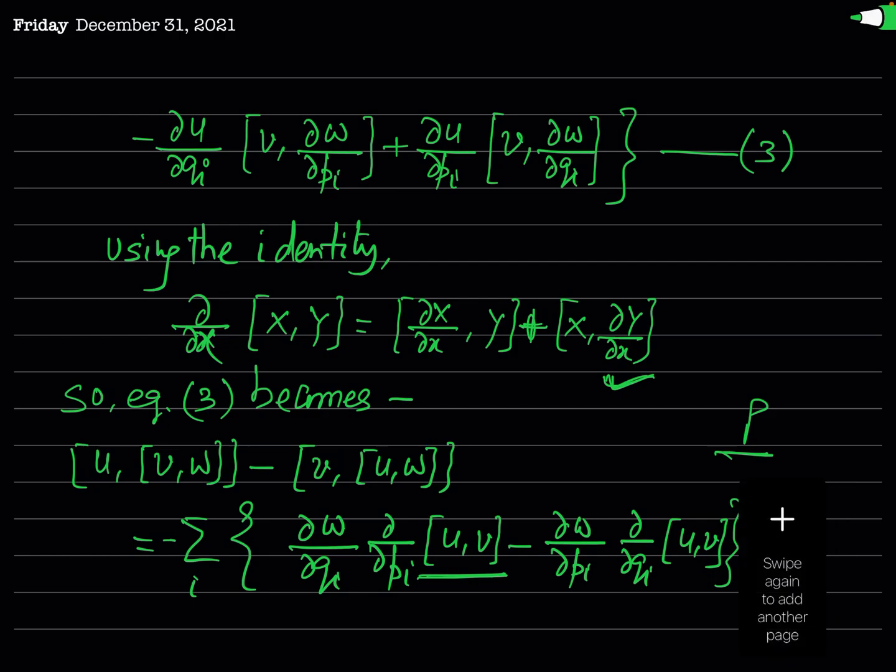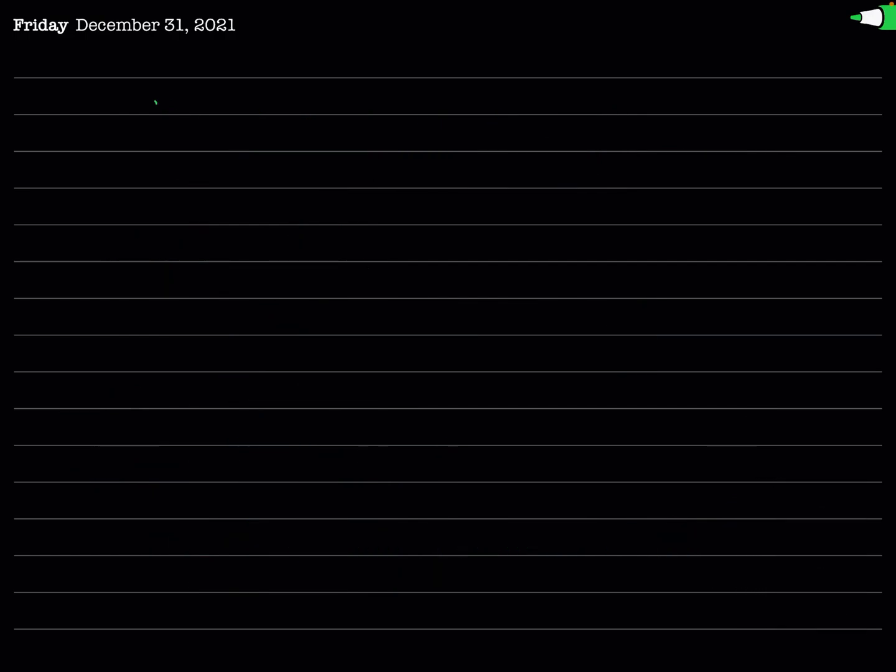So from the definition of Poisson bracket, you can write that this is minus Poisson bracket of w and Poisson bracket of u and v.